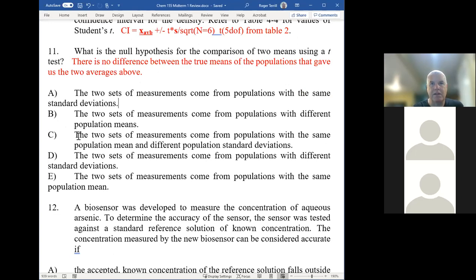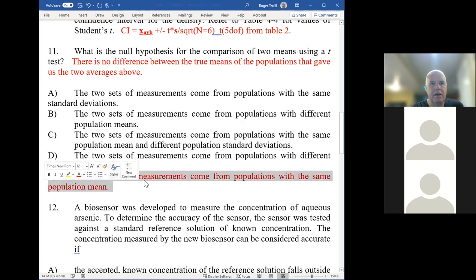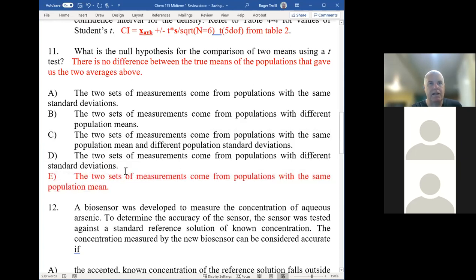Two sets of measurements come from populations with the same mean and standard deviation. And I believe the answer here is E. So that would be a way to select that from a bunch.